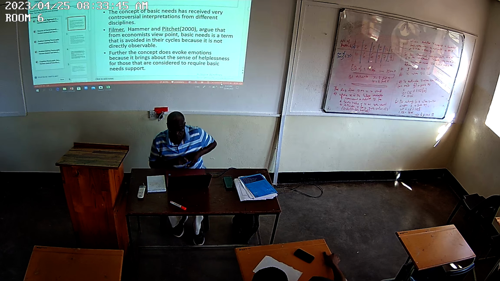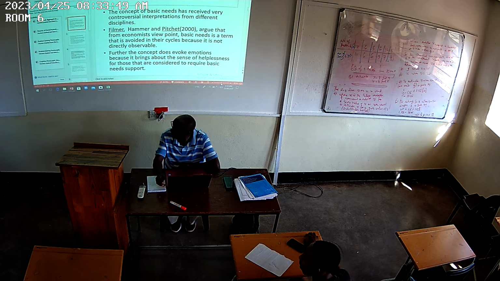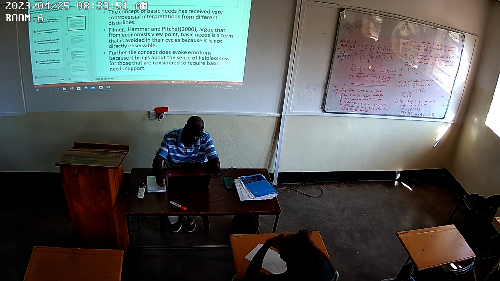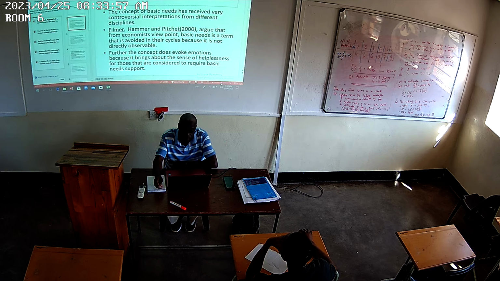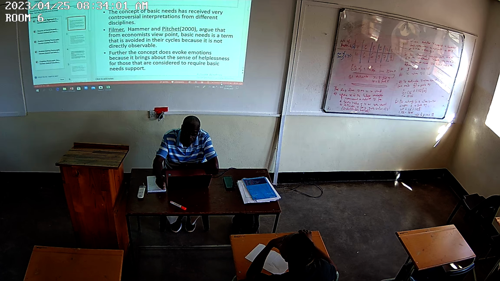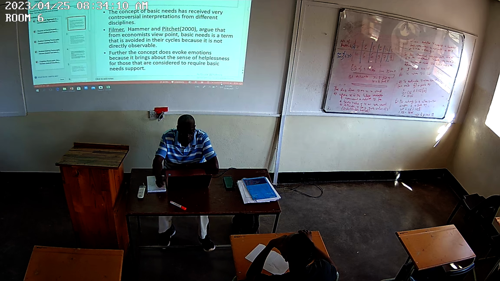But in a real sense, we discover as we proceed that it is not only an economic sense, it is also a social issue that involves human beings. And because of that, these gentlemen argue that the basic needs approach should not be used in the social process because it's not observable. We cannot observe basic needs.